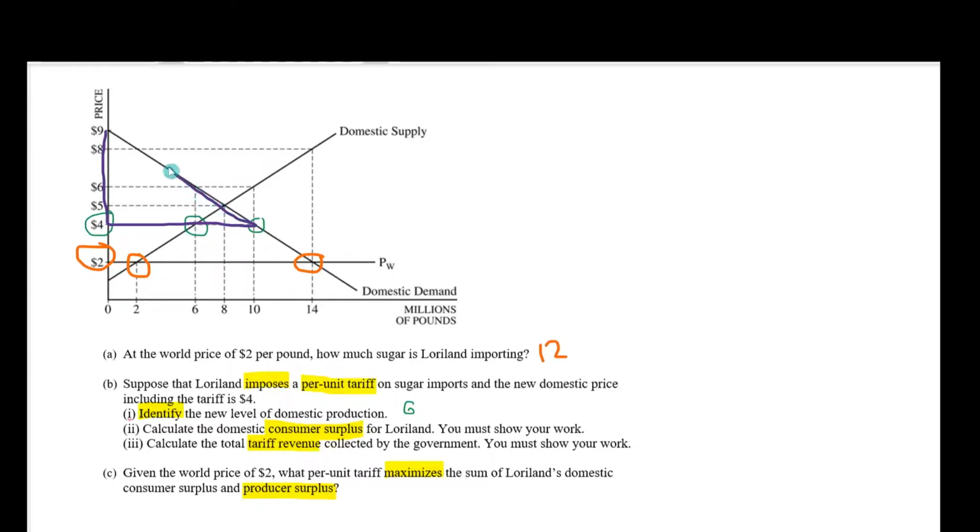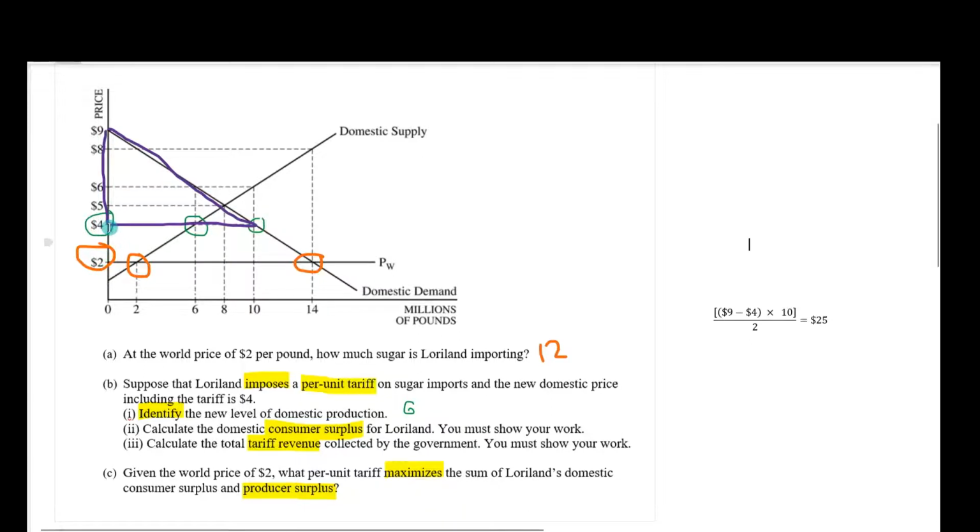So we need to calculate the area of this triangle to determine the new consumer surplus after the tariff has been added. Okay, so let's calculate that. I'll just type it out here so that it's a little easier to read. So the surplus calculation, we're going to look at the difference between $9 and $4.